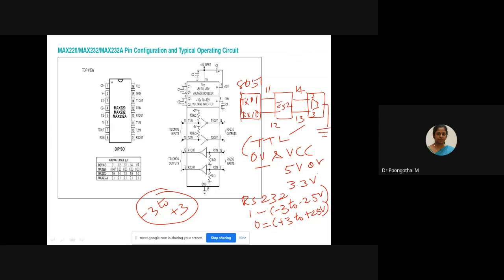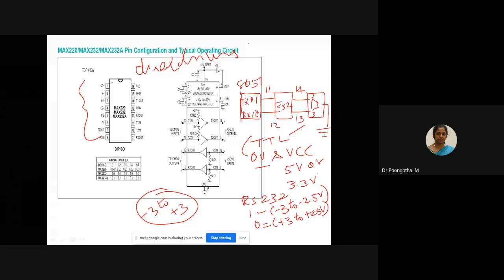So this MAX232 comes in a 16 pin DIP, dual inline package, and contains dual drivers. An advantage of this particular IC is it uses a plus 5 voltage power supply, which is the same as the source voltage for your 8051.